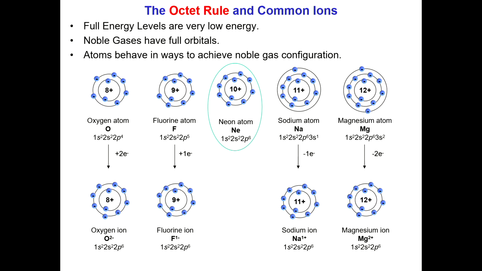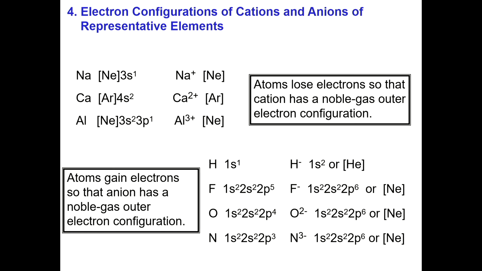Okay. So basically, we know for sodium, for metals, they lose electrons to form ions.